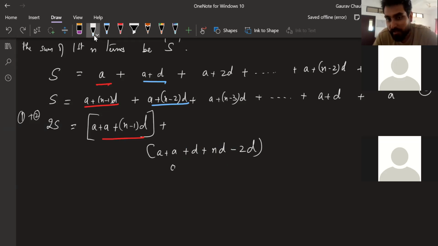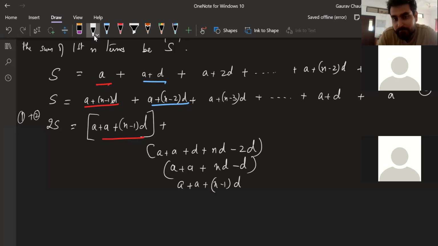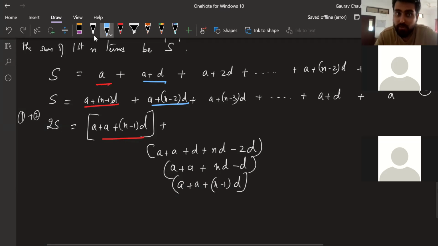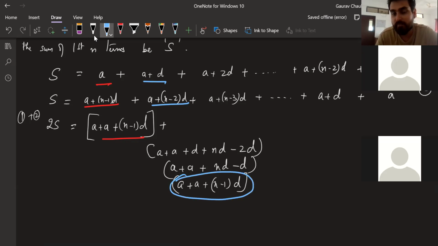It will give me A plus nD minus single D. Everyone okay so far? That is basically the same as A plus n minus 1D. You see this? So when I add this also, I am getting this only.